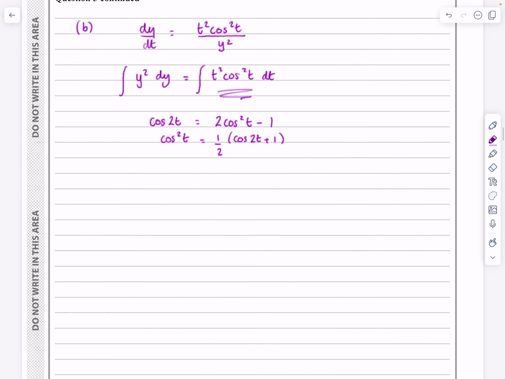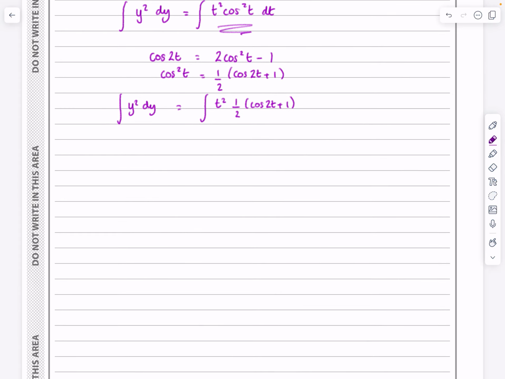So the integral of y squared dy is equal to the integral of t squared times half cos 2t plus 1. Well, let's multiply that all out and tidy that up. That's going to be the integral of y squared dy is equal to, if I take a half out and multiply out the brackets, t squared cos 2t plus t squared. So we should have dt on all of these things here.